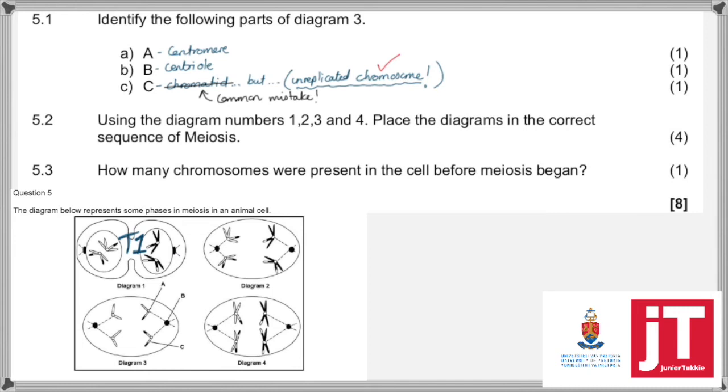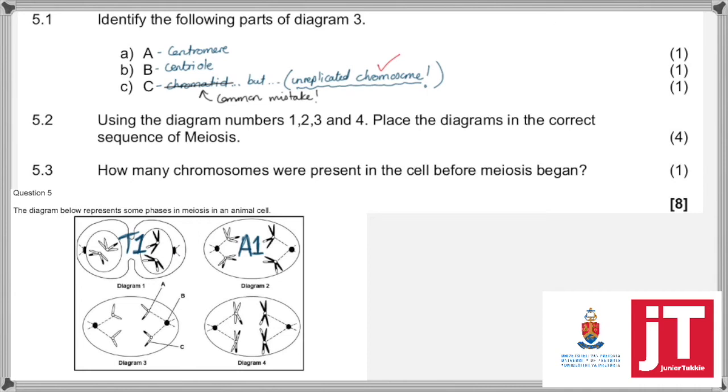If we move on to diagram 2, we can see the moving apart of my chromosome, the 2 chromatids still joined at a centromere moving to the poles. So we know this is anaphase 1. If it were meiosis 2, we would only see single chromosomes, not the 2 chromatids joined at a centromere. So diagram 2 we can identify as anaphase 1.